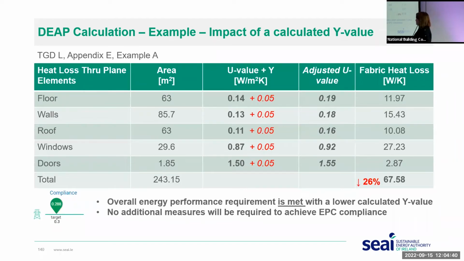So in the example in Appendix C, there's a 0.05 Y value applied. Applying that reduces the fabric heat loss by 26%. By using that calculated Y value, EPC compliance is now met, and there's no additional measures required to get compliance with that.